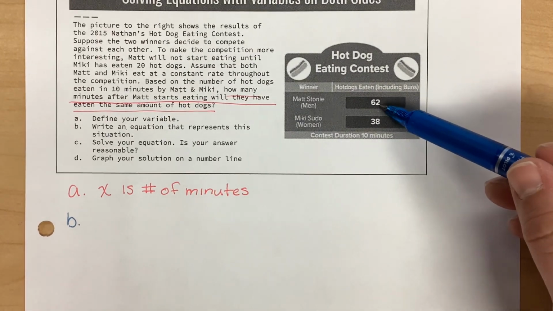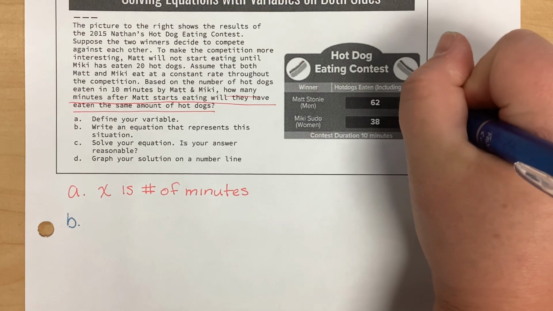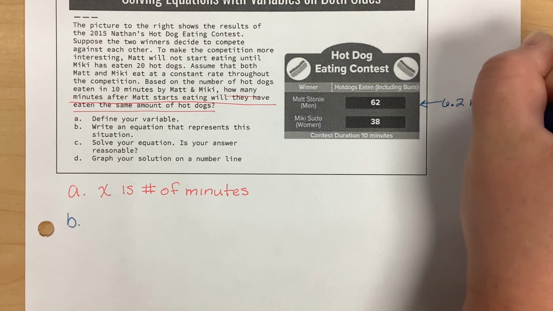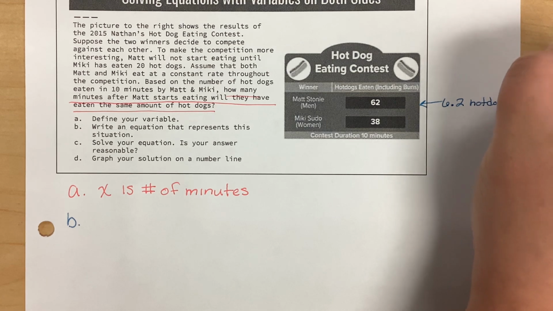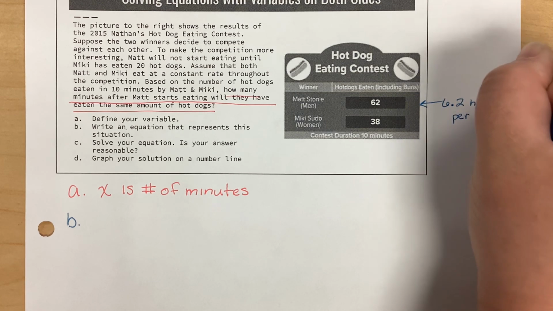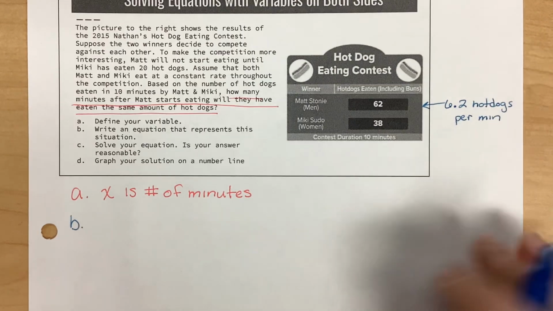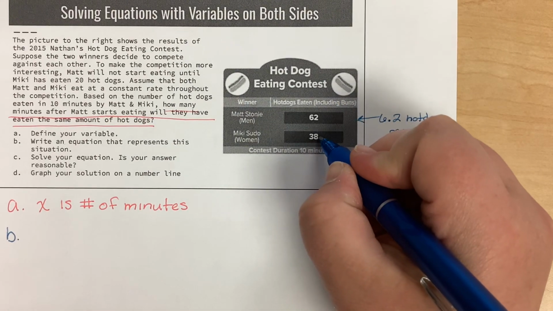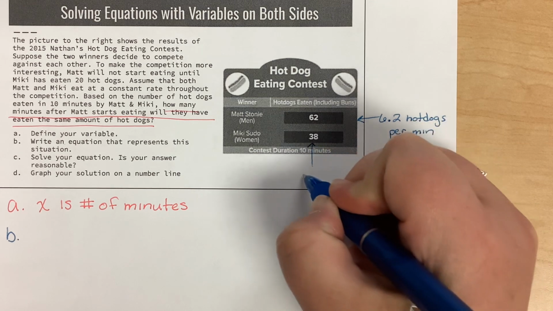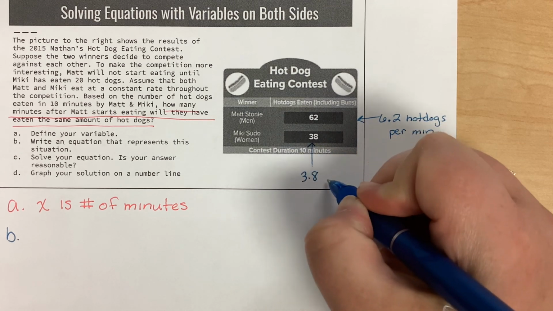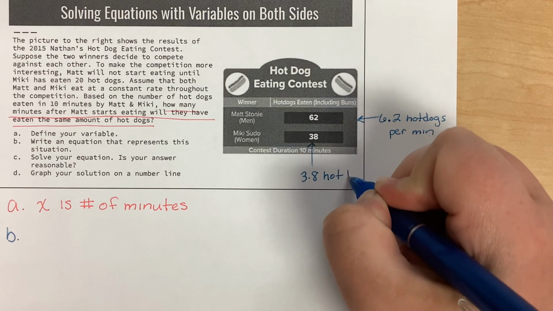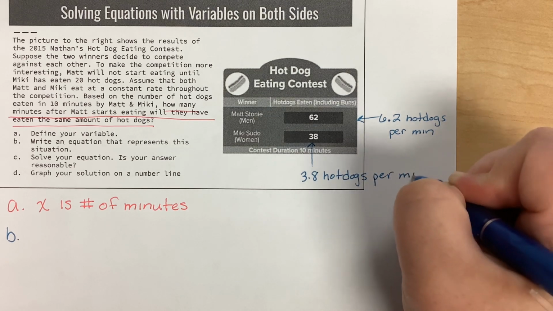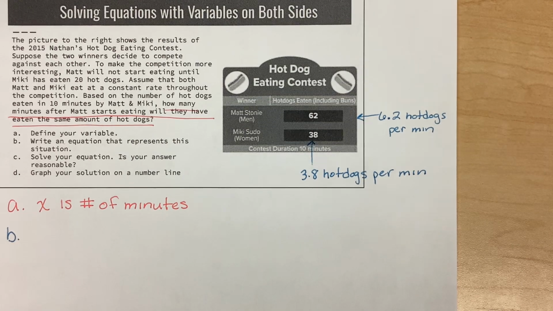So we're going to do 62 divided by 10, which means he eats 6.2 hot dogs per minute, which is kind of insane. Now let's talk about Mickey as well. She does 38 in 10 minutes, which means she can eat 3.8 hot dogs per minute, which is also insane. So those are the rates that we're going to be using in our equation.